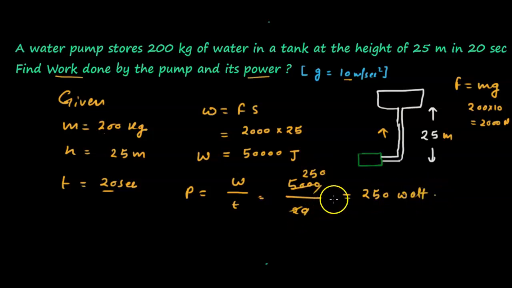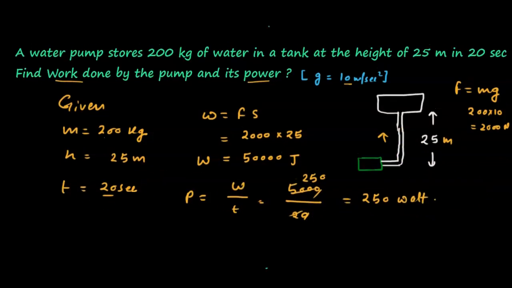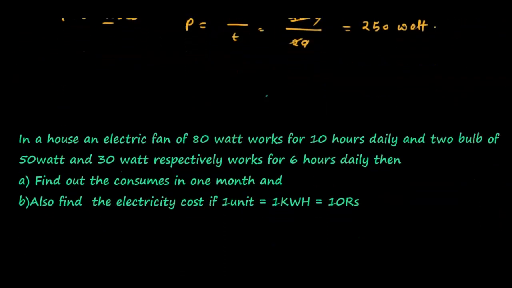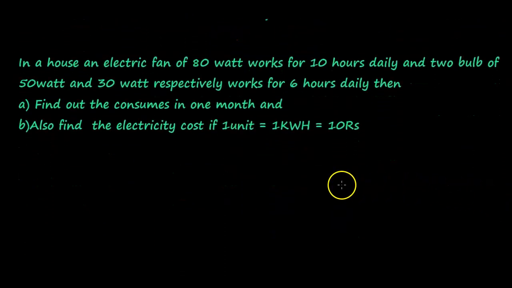That is the power of the water pump. Hope you understood this. Now I urge you to solve the next question by yourself and try to comment the answer. Then I'll tell you which answer is correct and which is not, and also give you the solution of this. Thank you so much.